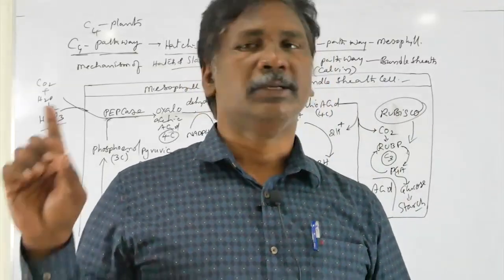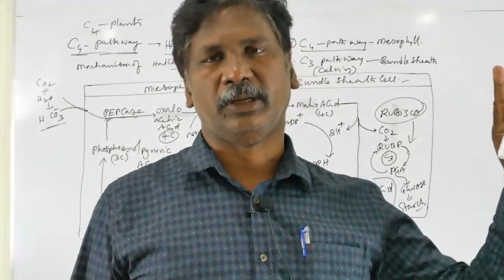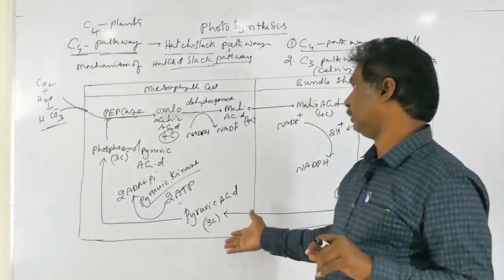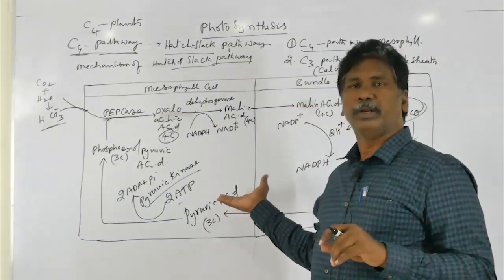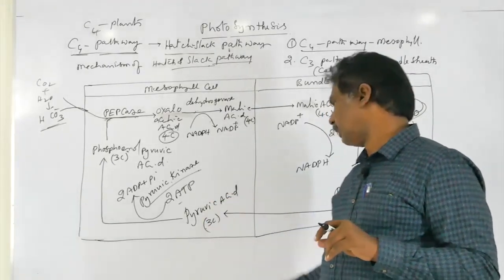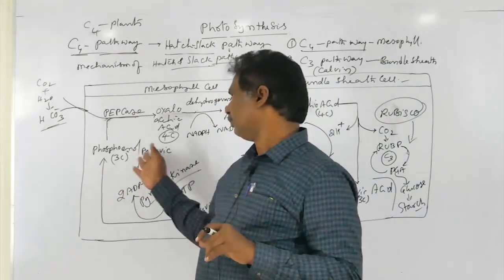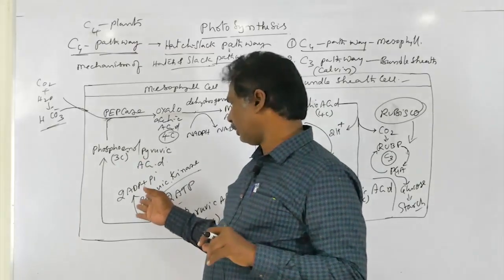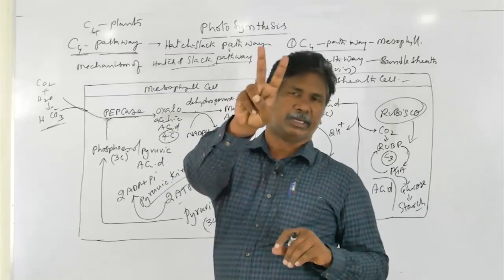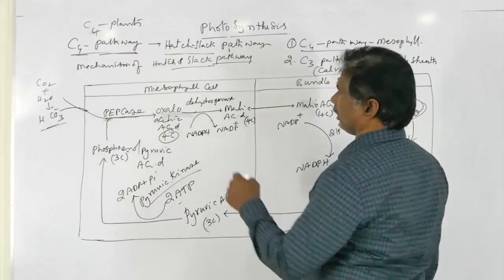That's why the C4 pathway takes place in mesophyll cells and the C3 pathway in bundle sheath cells. Then pyruvic acid is reback into the mesophyll cells, where it is converted into phosphoenol pyruvic acid by utilizing 2 ATP.